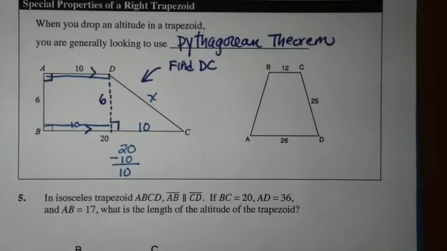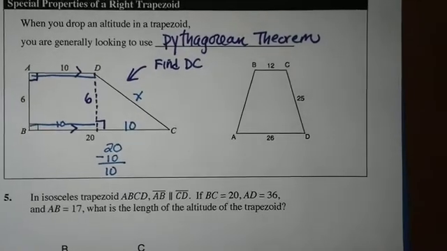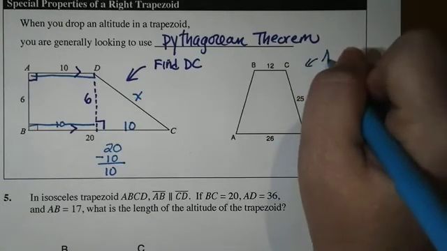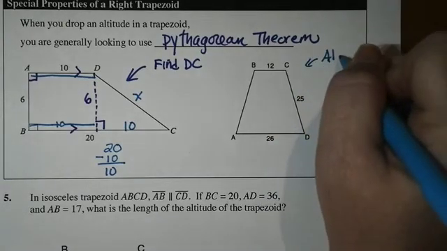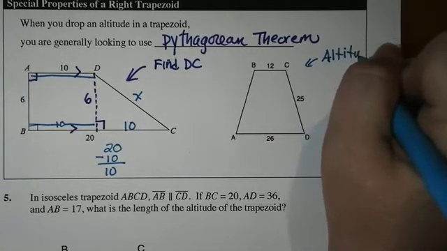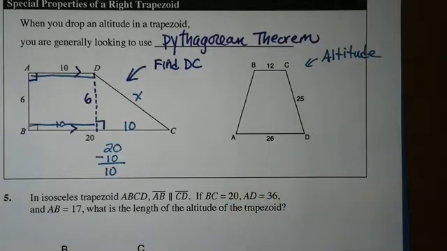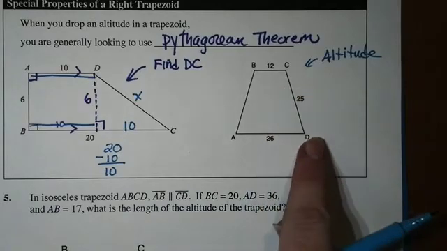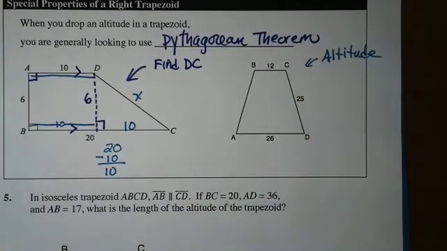All right, so take a look over here at the second one. Let's say the question said, find the altitude. So right now, I know that AB and CD are not altitudes because they're not perpendicular to the base. So it has to be on your own will.